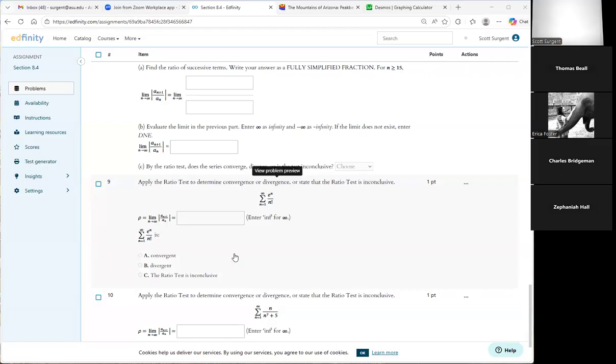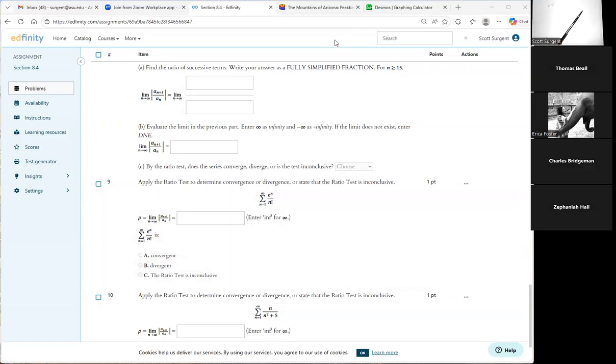Here we go. Apply the ratio test to determine convergence or divergence, or state that the ratio test is inconclusive. You have the limit as n goes to infinity of the quotient of successive terms. Let's find out. The series is from 1 to infinity of e to the n over n factorial.